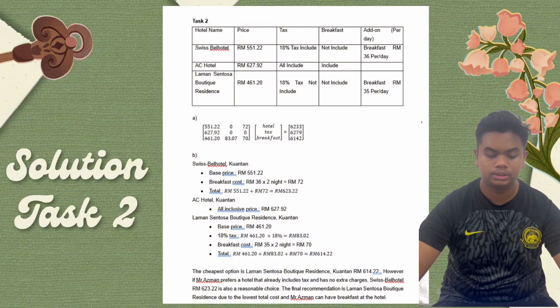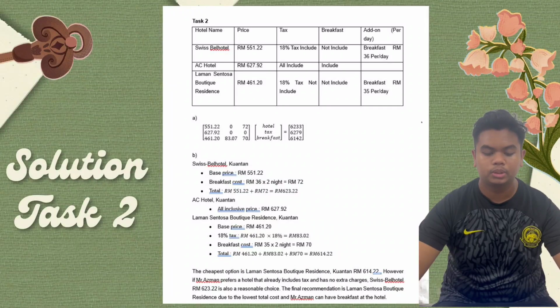The breakfast cost for the 2 nights is 35 times 2 equals 70 ringgit. And the total is base price plus the tax plus the breakfast cost for the 2 nights, which equals 614.22 ringgit.